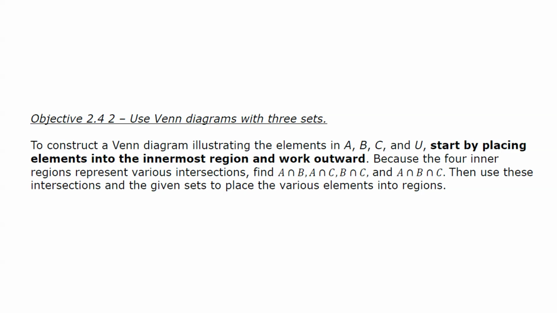So we'll need to find the intersection of A and B, A and C, B and C, and then the intersection between A, B, and C. And then use these intersections and the given sets to place the various elements into regions.